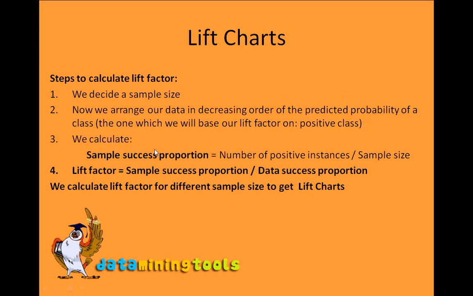Now we calculate sample success proportion, equal to number of positive instances upon total sample size. Now the lift factor is given by the sample success proportion, the one which we calculated in the previous step, divided by the data success proportion. So for the whole data as well, this gives us a lift factor.